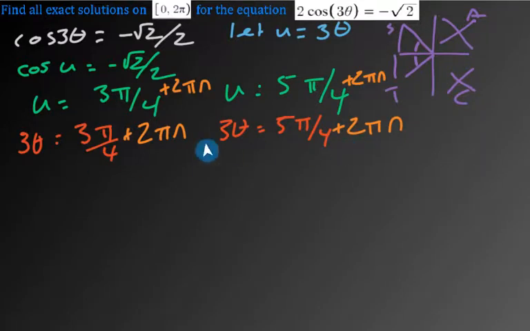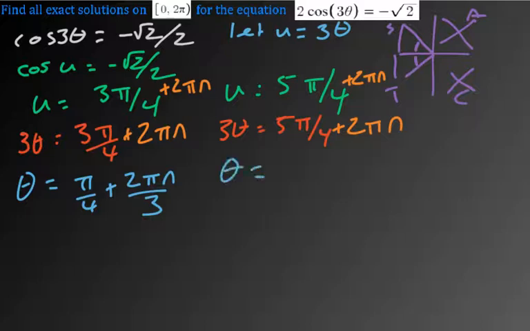So if I divide by 3 here, and I divide by 3 here, I basically would have... struggling on what color I want. This one's kind of nice because if you divide by 3, the 3 here cancels. So you would have pi over 4 plus 2 pi n over 3, right? Over here, if you divide by 3, it's the same thing as multiplying by a third.